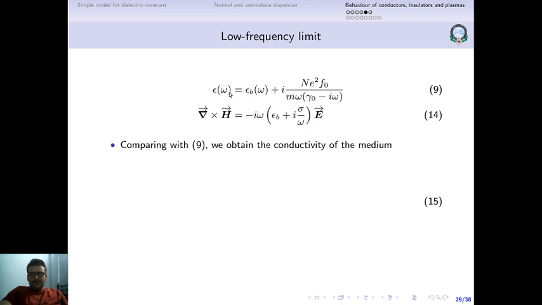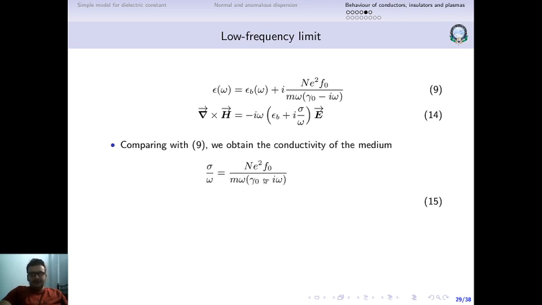Equation number 9 said the permittivity is equal to epsilon_B, the bound permittivity due to the bound dipoles, plus some imaginary part. Here this is basically your permittivity, equal to bound permittivity plus some imaginary part. When you compare, this imaginary part must be equal to this imaginary part, that is sigma by omega is equal to this, and when we solve this, that will give us the conductivity of the medium.